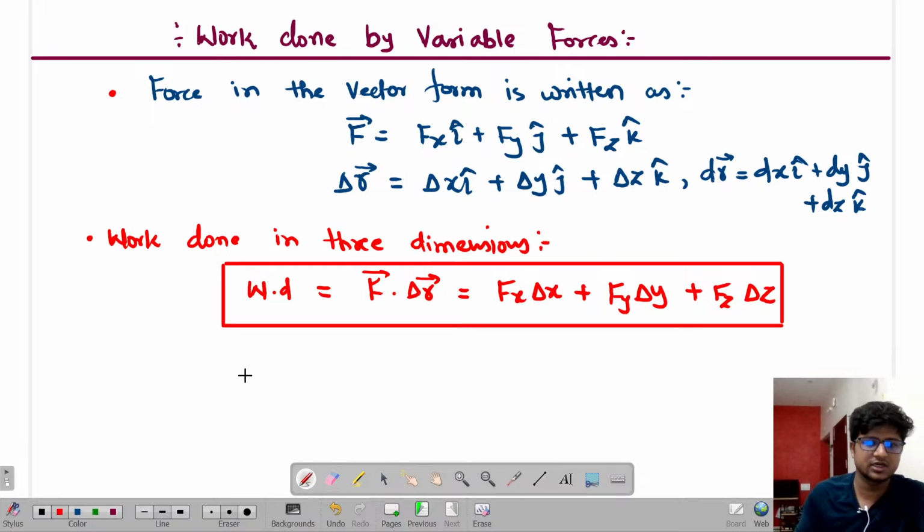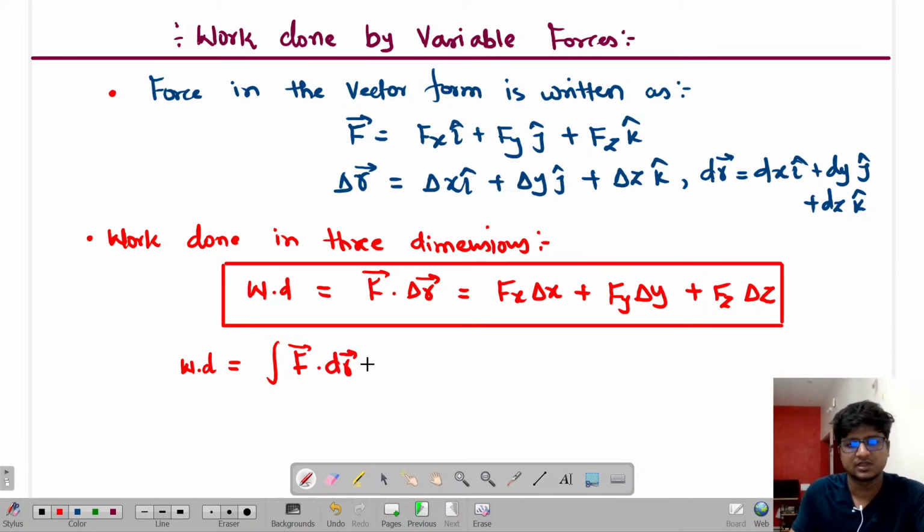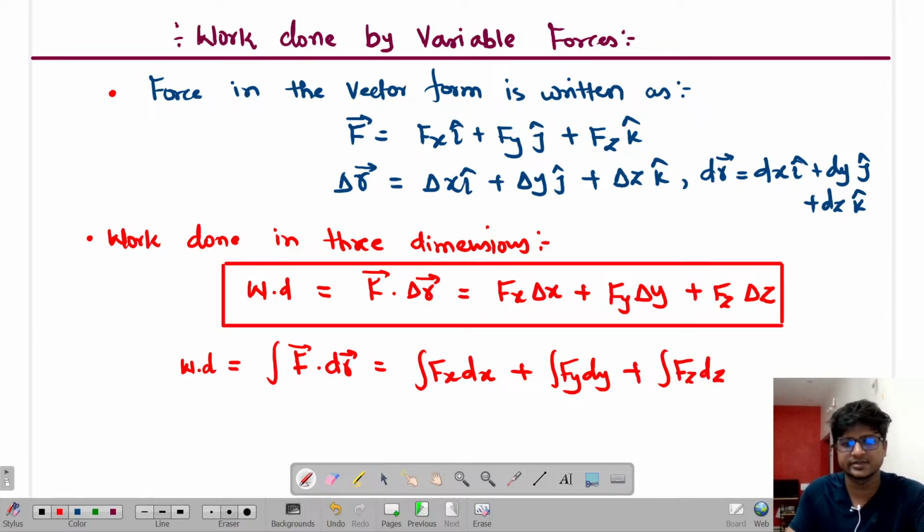So then the work done is written as integral of F dot dr. If I take the dot product, it is written as integral Fx dx plus integral Fy dy plus integral Fz dz.